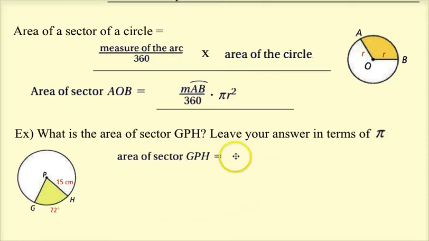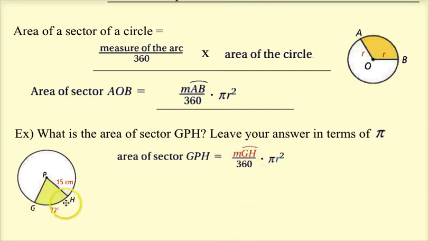So the area of the sector is the measure of arc GH over 360 times pi r squared. I have the formula for area of a circle, and then what part of the circle am I actually trying to figure out the area for? The part is arc GH over 360.